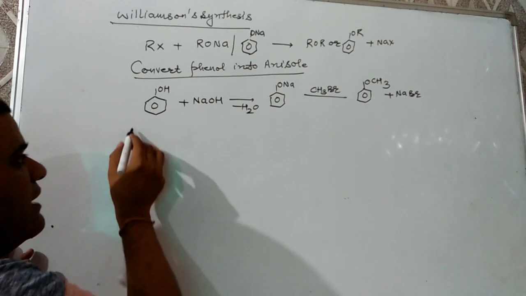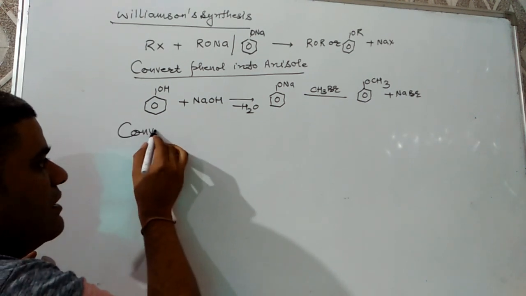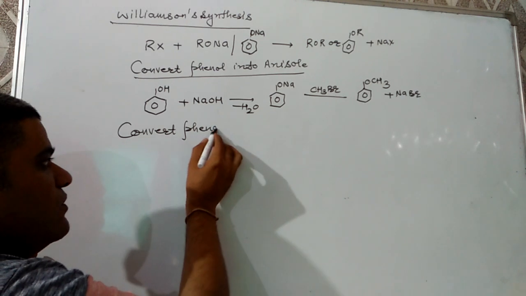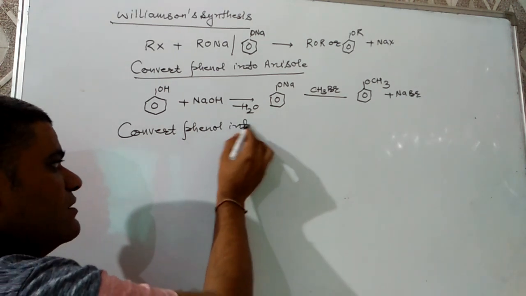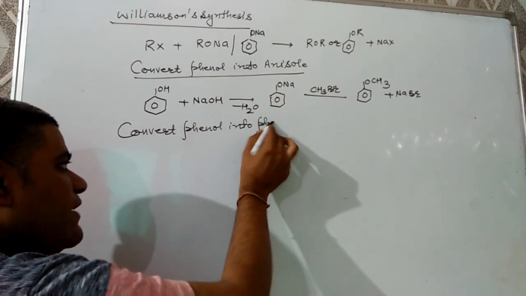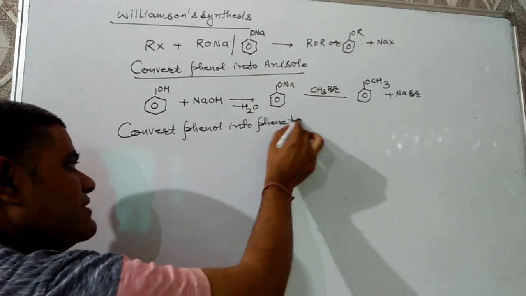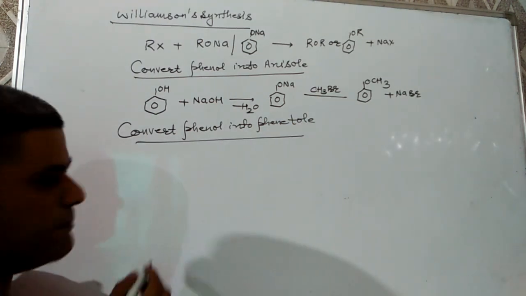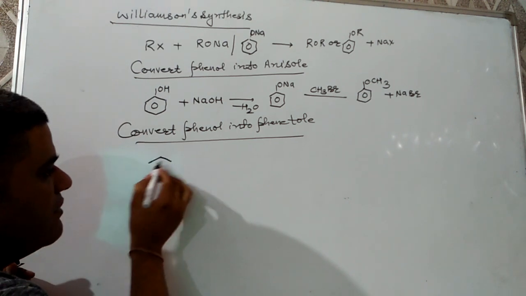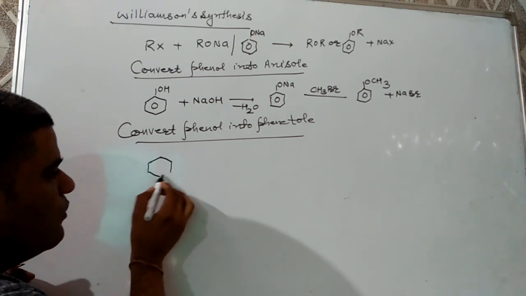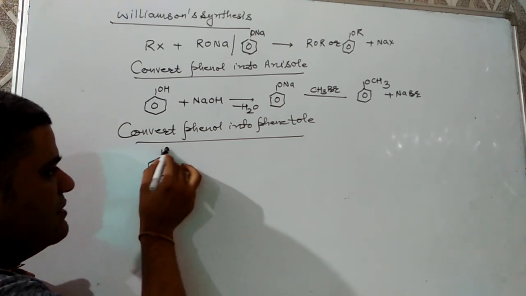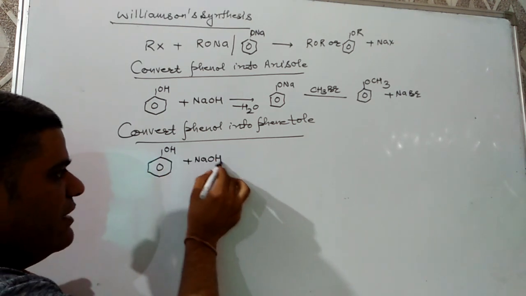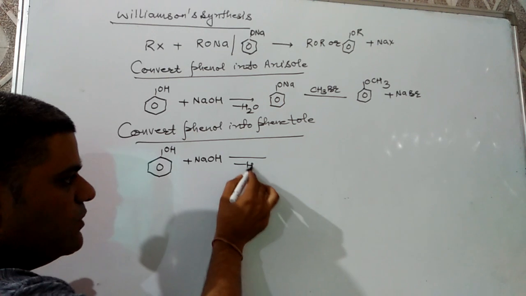The next question may be: convert phenol into phenetole. Phenetole, as I have mentioned, is ethoxybenzene. For that we can proceed the same way. First react phenol with sodium hydroxide, due to which water is removed.